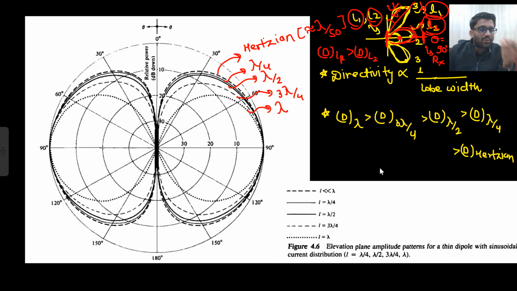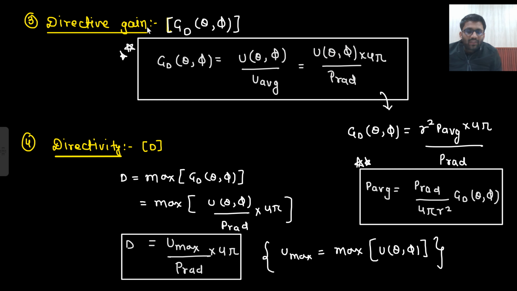So directivity shows the maximum radiation, or you can say how concentrated your radiation is in a particular direction, or in the direction of maximum radiation. But what your directive gain shows is how concentrated your power is in any direction.